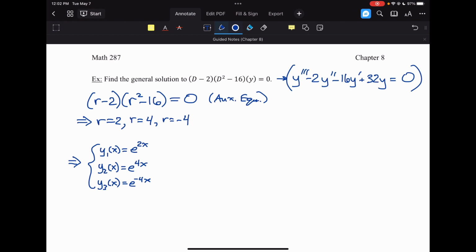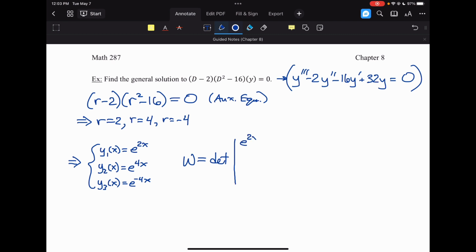Now the question is, are these solutions linearly independent from each other? We can verify this by taking the Wronskian, because if we do have a linearly dependent relationship, we would need to eliminate any of those dependencies to make our solution as efficient as possible.